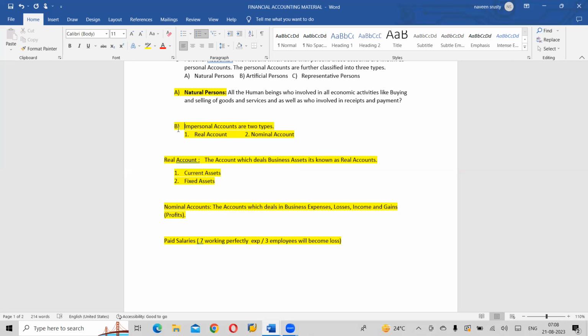If you take a building for rent, and you are using that building, then that rent will become an expense. Correct. But from the last 6 months you are not using it, no furniture, no store, no material is there in that particular building, but still you are paying 20,000 rent for the past 6 months.